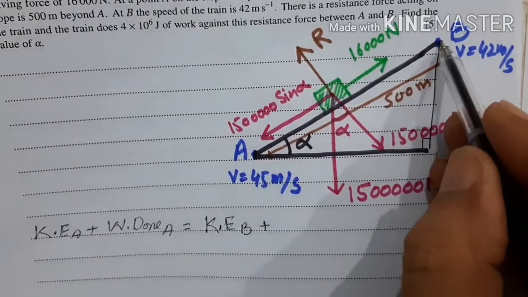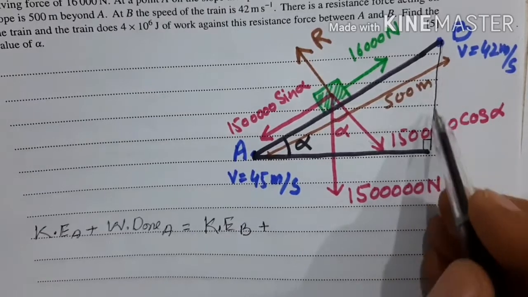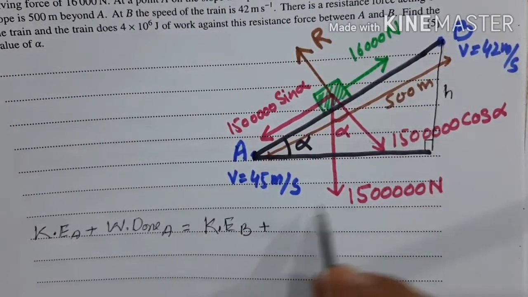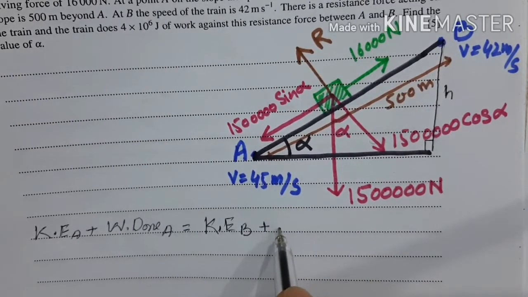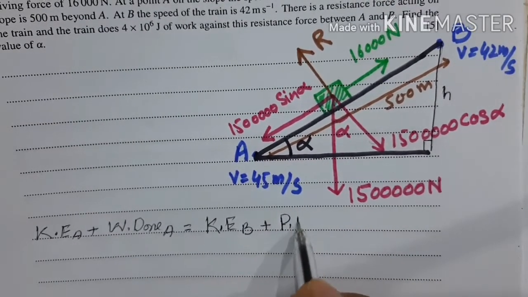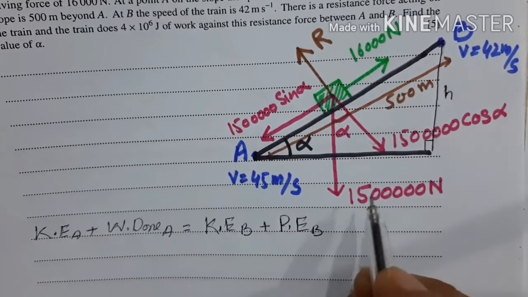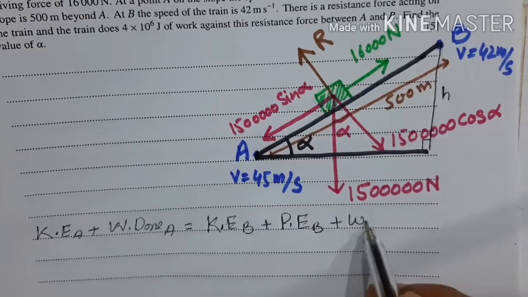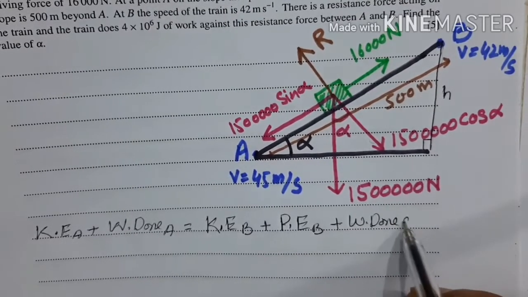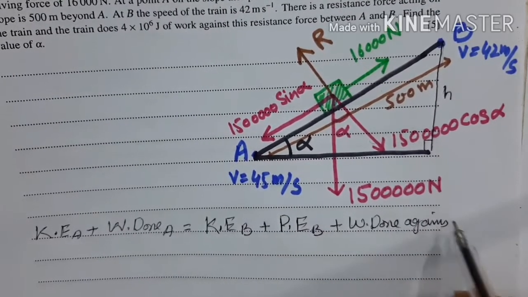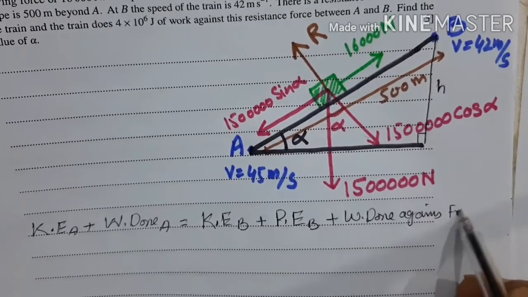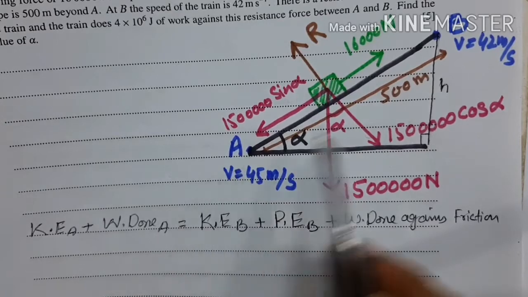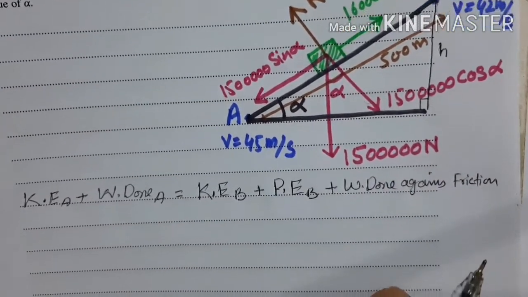I'll find out later on what is the value of height. This is the height of the train. So the train will get some potential energy at B, and the third thing, work done against friction. So these three things will be equal to these two things in this whole question.